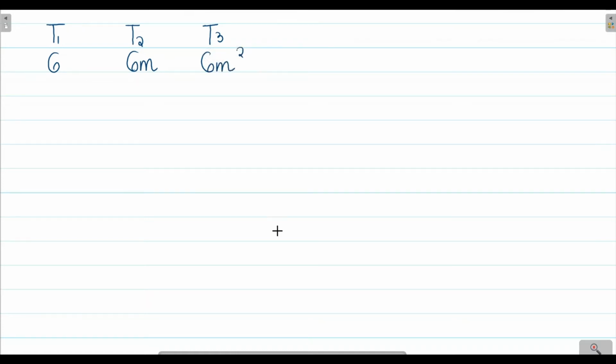In general, the geometric series is given as a, your first term, a times r, your second term, and a times r squared, your third term. So we can now use this to help us find the value of a. You equate the T1 with the other T1, the T2 with the other T2, and that will help you get your answer.